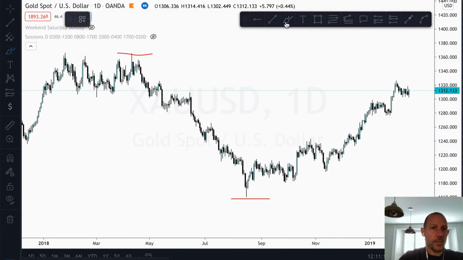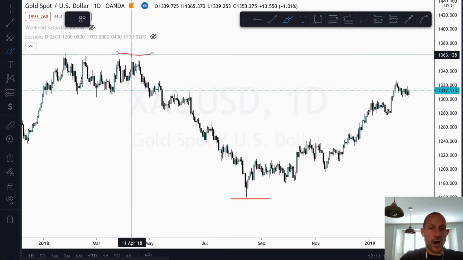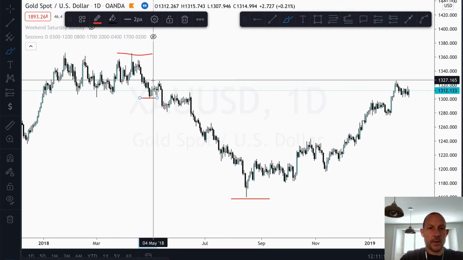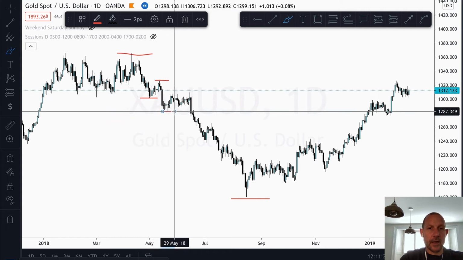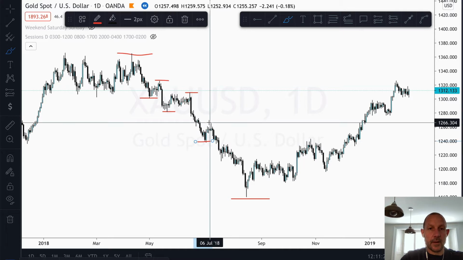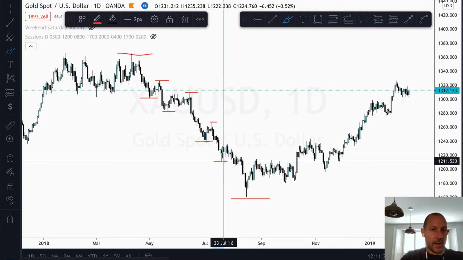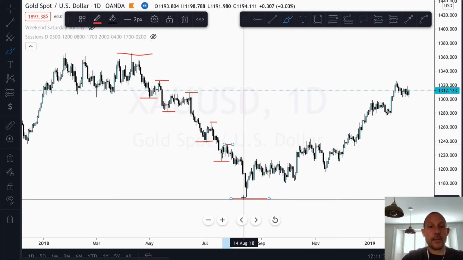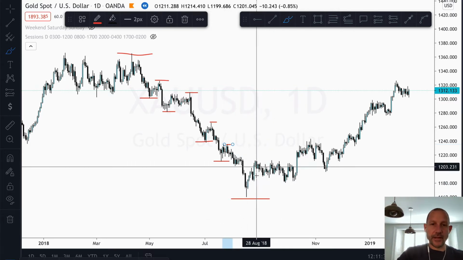So what we've got here, we've got a high, and then we've got a lower low, lower high, lower low, lower high, lower low, lower high, lower low, lower high, and then we've got a lower low at the bottom. This is the end of our trend here, okay?